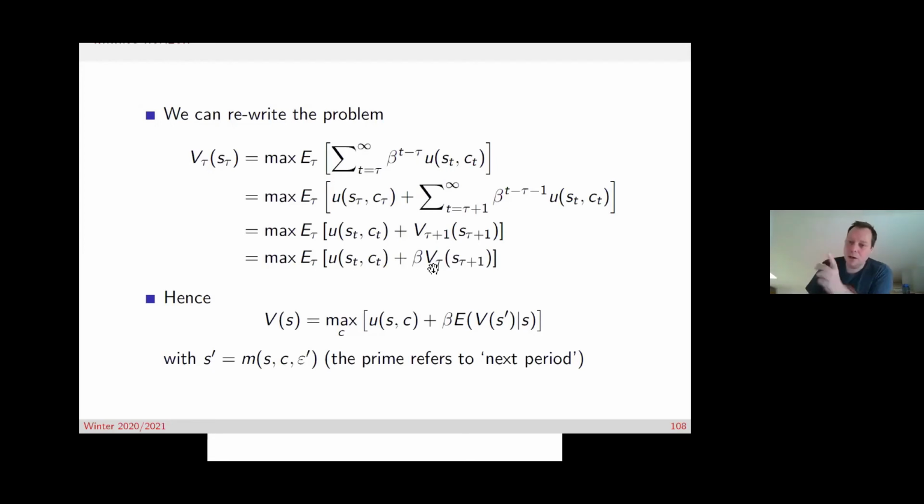So this is what I just referred to when we talked about the 1/2. You couldn't do that in this case, because it would totally mess up this recursive structure. Here, the nice thing is that the only thing that differs between the situation starting from tau plus 1 and starting in tau, except for a different state, is just the evaluation.